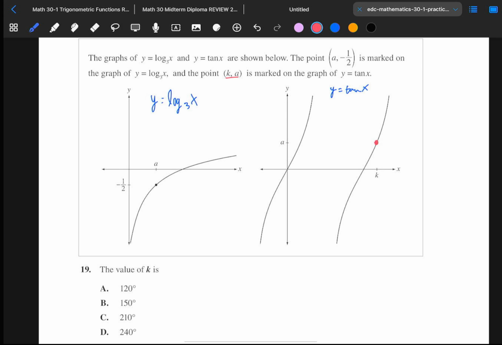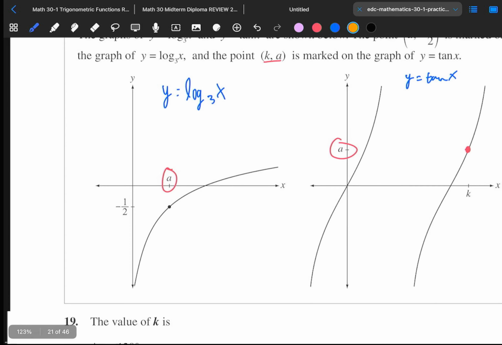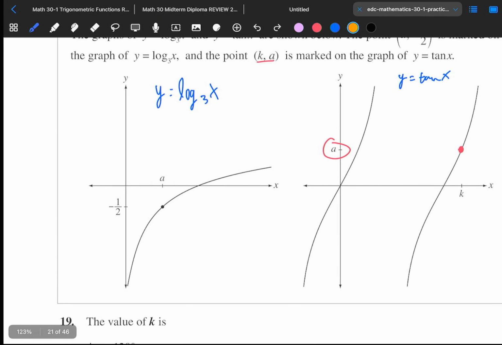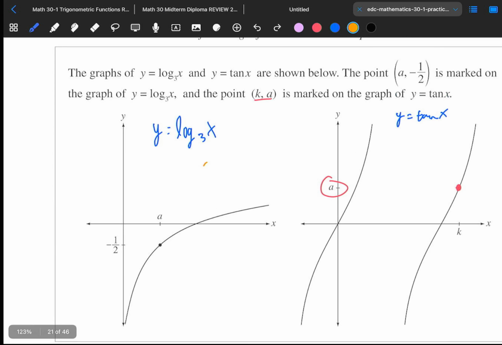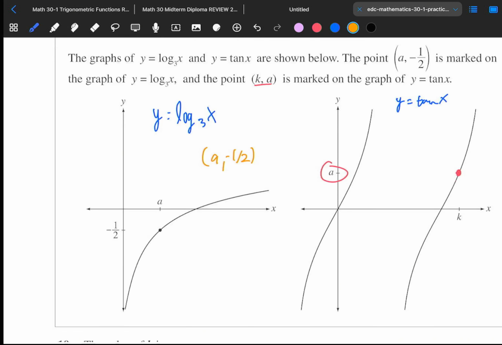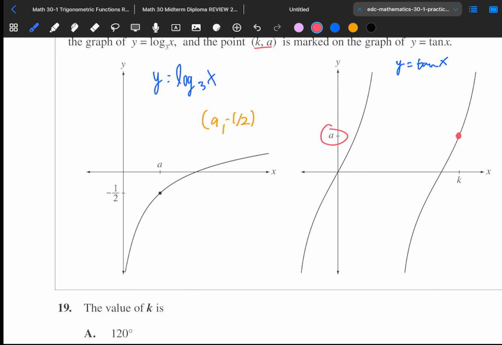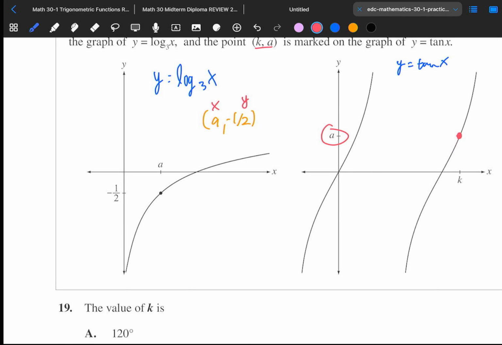So all we've got to find is this a value first. Our a value here on our log graph is going to be equivalent to the a value on our tan graph. So I'd begin by finding this log graph value of a. Again, we have the point a, comma, negative 1/2. Basically, we're going to think about this as x and y.